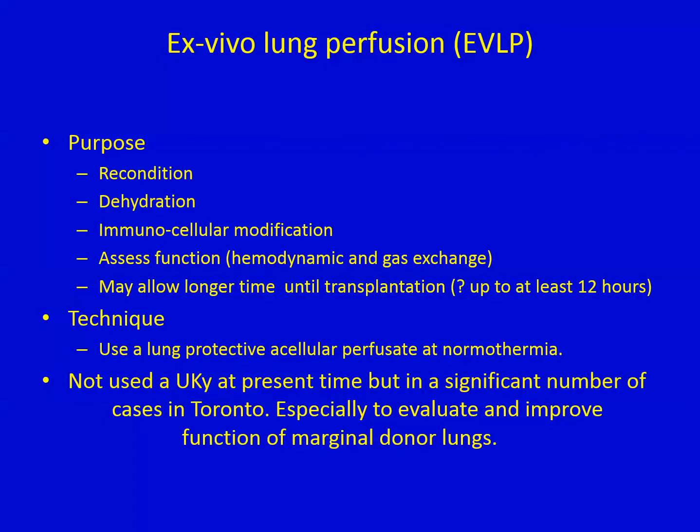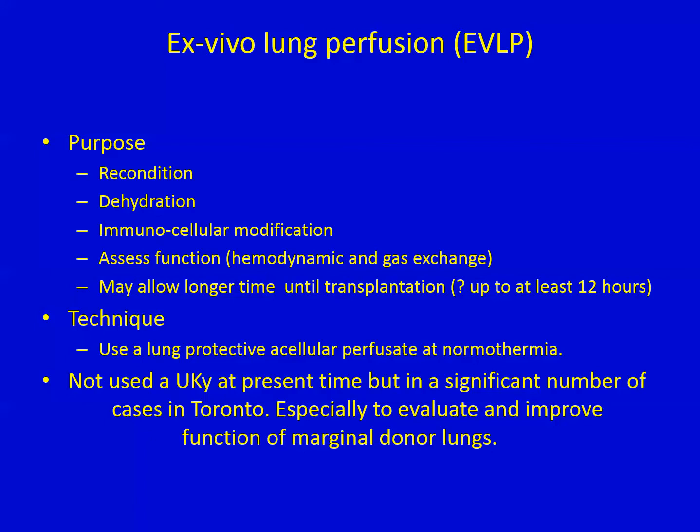A new method is ex vivo lung perfusion. The purposes are to recondition the lung and assess its function. It is perfused with a lung protective acellular perfusate at normal thermia.